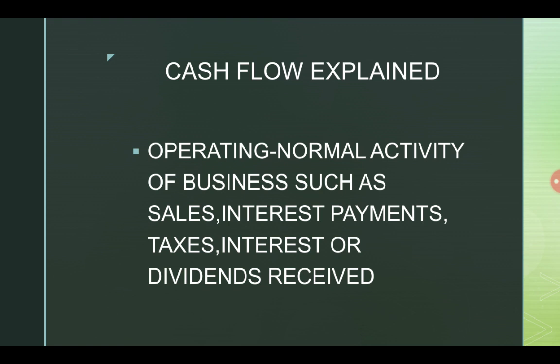This includes the normal activities of a business, like the sales of the business, interest payments, taxes, interest or dividends received, just the things the business does on a day-to-day basis, whether the activity brings cash in or brings cash out.